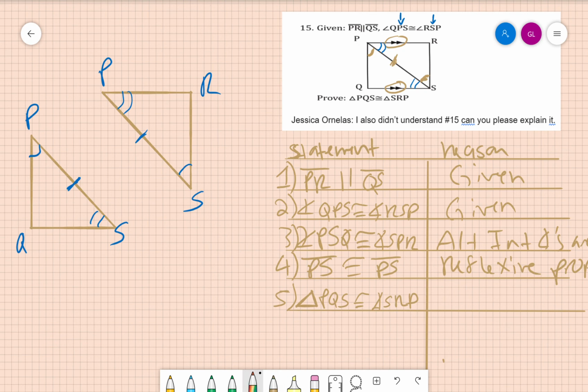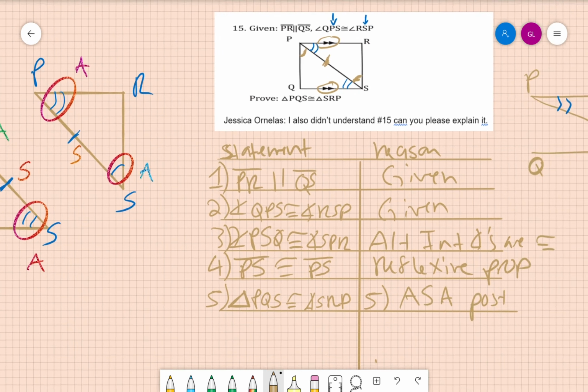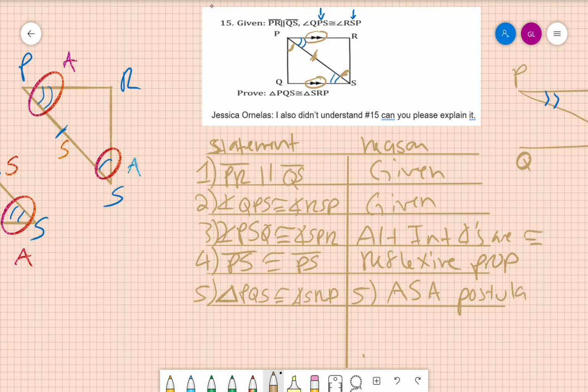Because now we have angle, side, angle. So we have an angle, side, angle here. So they are congruent by angle-side-angle. We can put postulate there. I haven't been doing that a whole lot, but angle-side-angle is just fine. Postulate. There you go. And again, the proof ends with the QED.